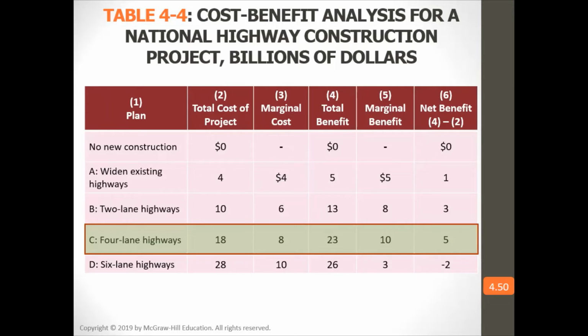They usually value a statistical life at about $2 million. They have to do that for a lot of these types of projects. It's hard to put a dollar value on life, but they have to in order to value these projects.